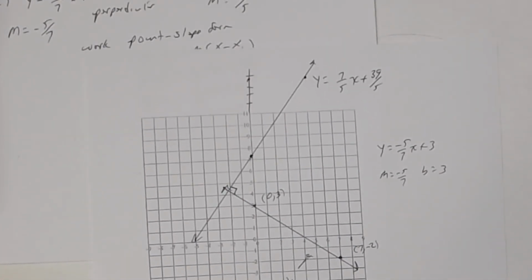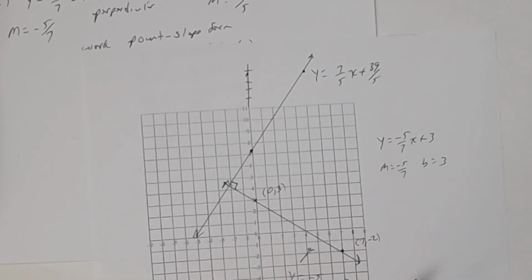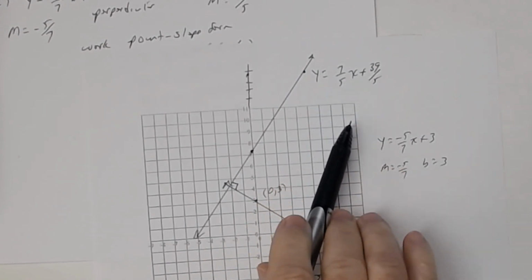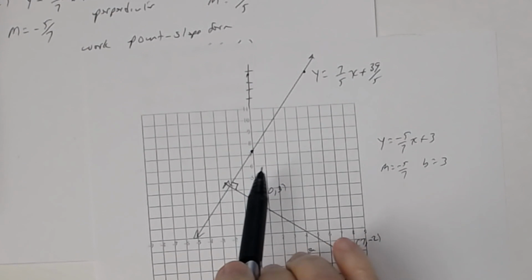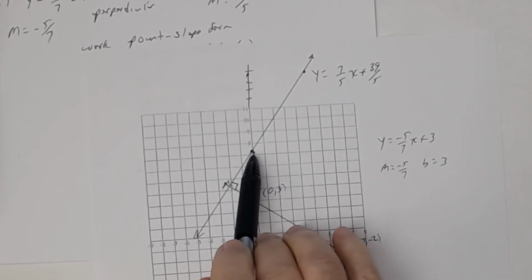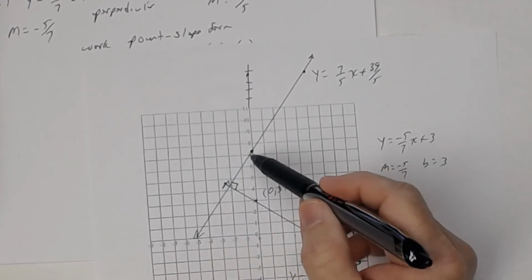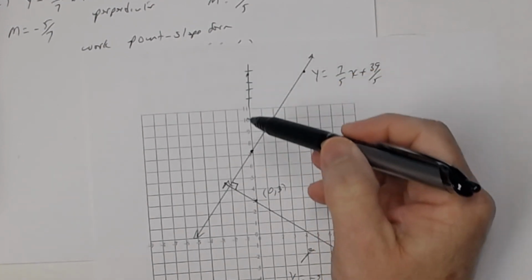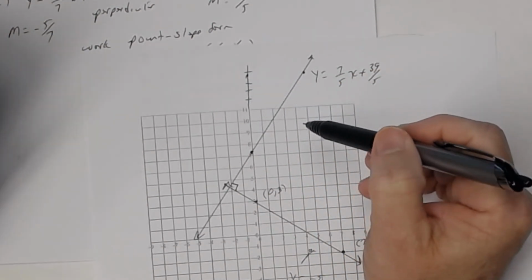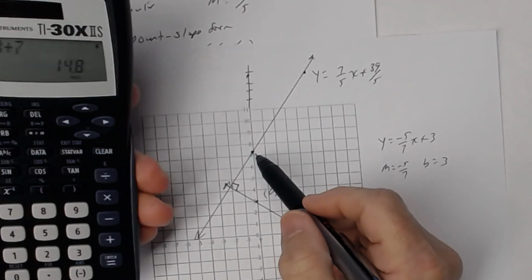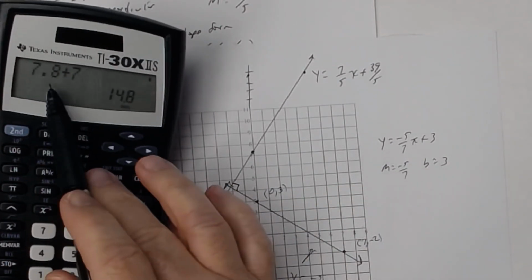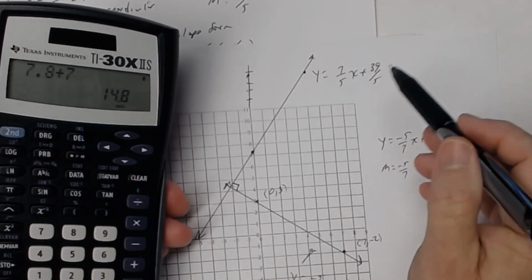All right, so just to give you an idea what this looks like graphically. This was harder to graph because this y-intercept was not an integer. So you had to be careful how far you went up. All I did was take this y-intercept right here, which was 7.8, 7 8/10, and I added 7 because I need to go up 7.